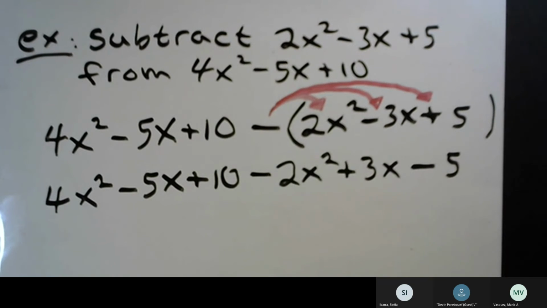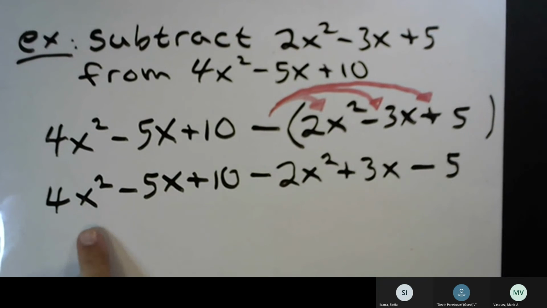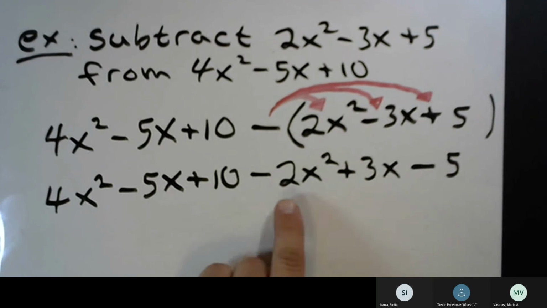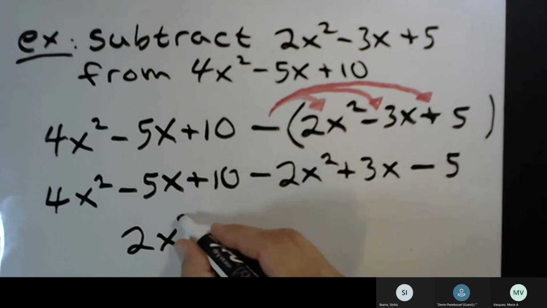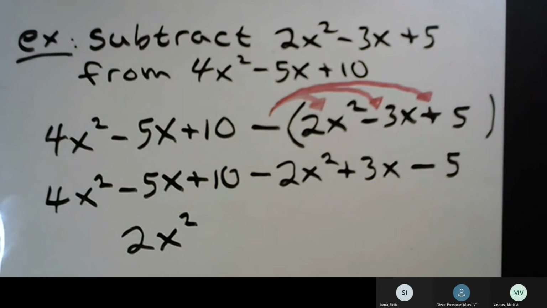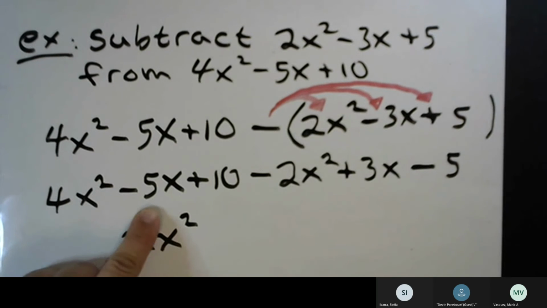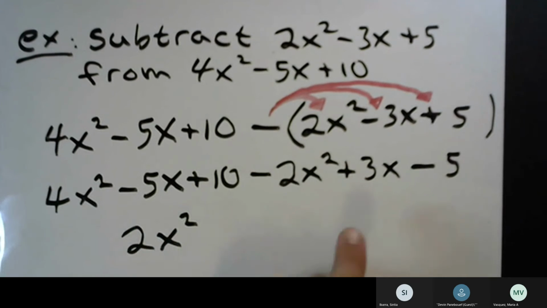And now we're going to combine like terms. 4x squared, take 2x squareds away, we're left with 2x squareds. We have a debt of 5x's, but we recover 3 of them.